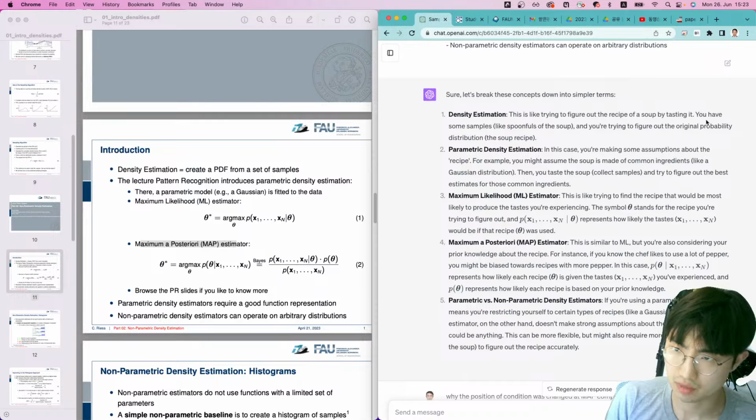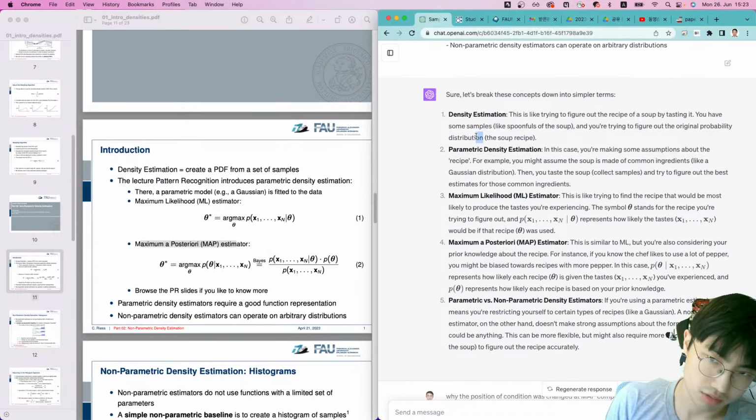You have some samples, like a spoonful of the soup, and you are trying to figure out the original probability distribution. This original probability distribution is the soup recipe. So the parameter is the soup recipe.